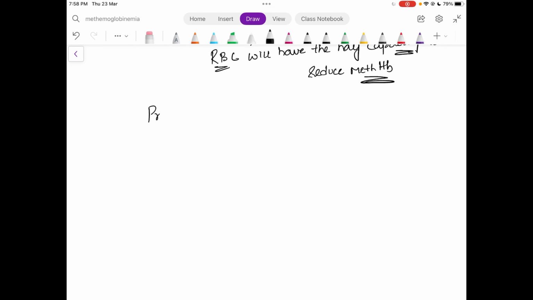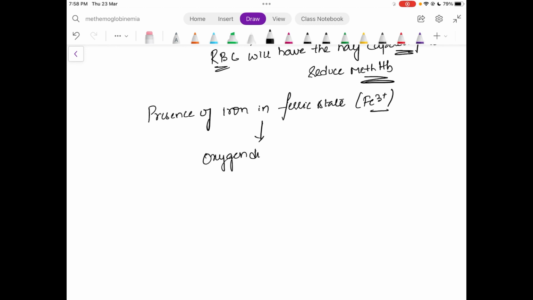So what will happen in methemoglobinemia patients? The presence of iron in the ferric state, that is the Fe3+ state, causes the oxygen dissociation curve to shift to the left.